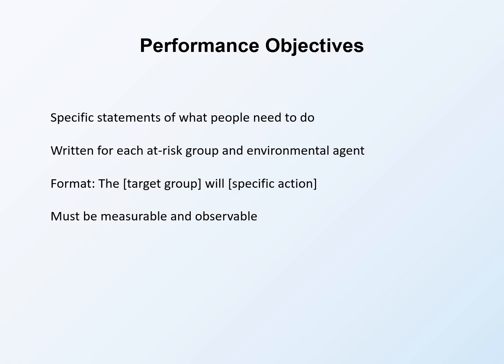For example, adults with prediabetes will engage in 150 minutes of moderate physical activity per week. Or, school food service directors will implement nutrition standards for all meals. These objectives must be measurable and observable. If you can't measure it, you can't evaluate whether your intervention achieved it.